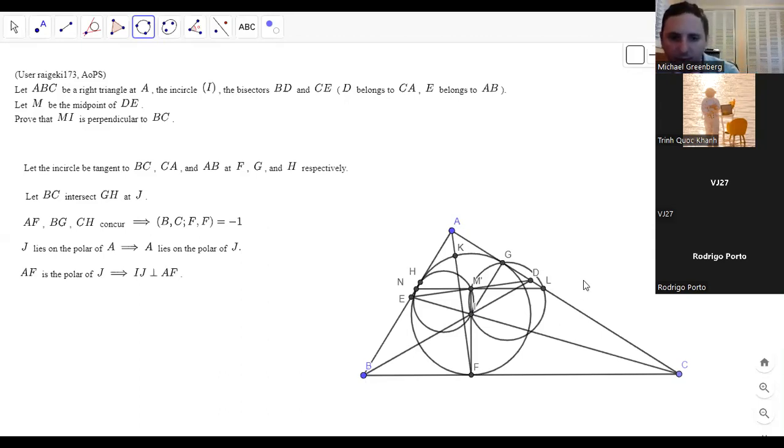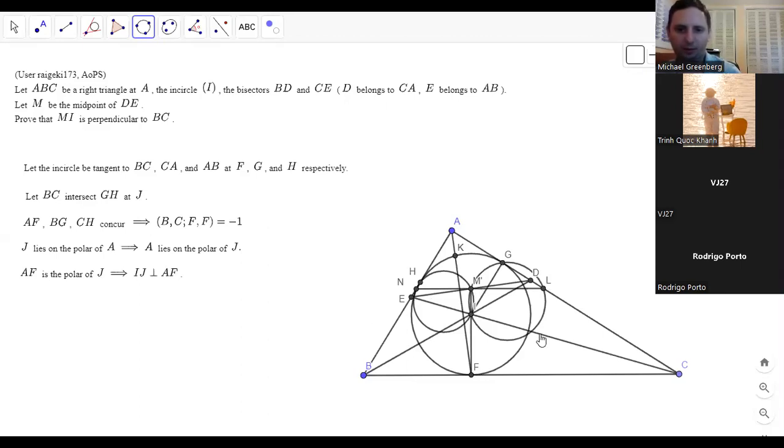I think so, at least. So BEI is similar to BAI. But I want angle DEC.